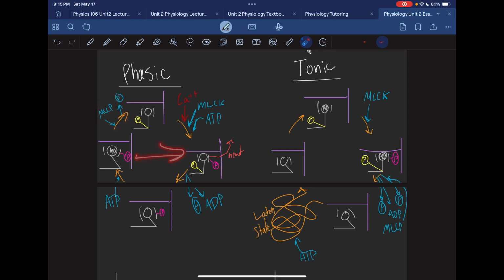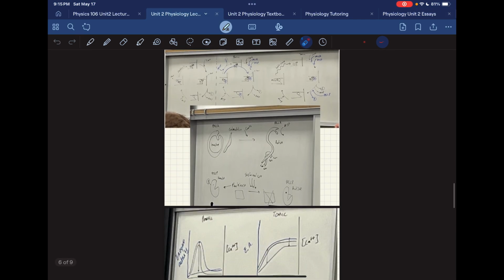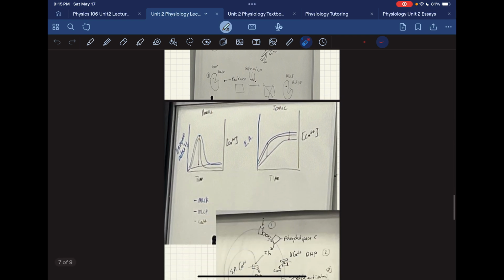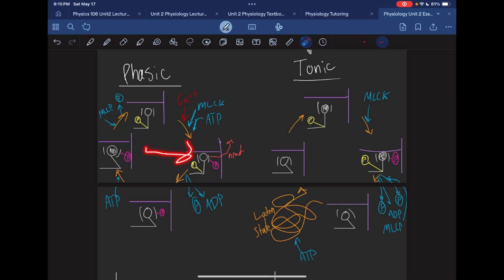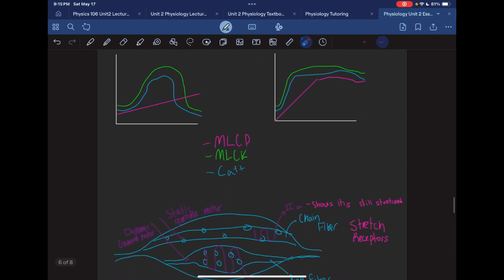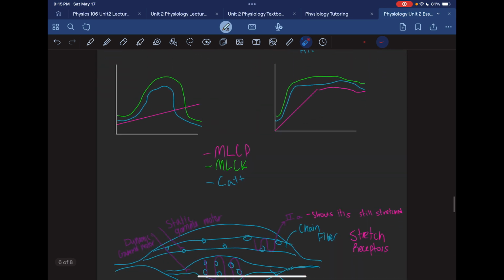We can see through the phasic that hydrolysis occurs. What was it called again? My goodness. And that allows just the phosphate to reattach rather than going through the MLCP, which will eat up our phosphate, forming hydrolysis here. So yes, here are the graphs related to the phasic and tonic system.